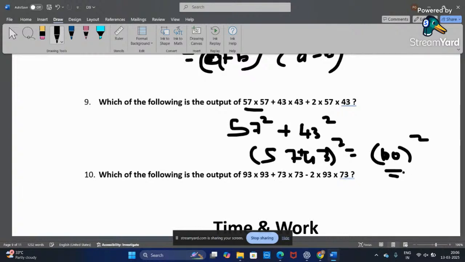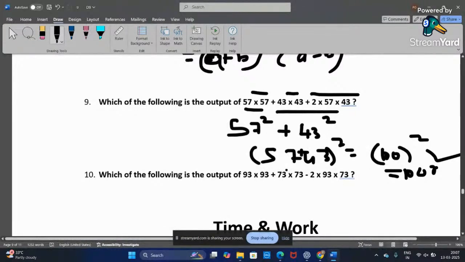So the answer will be 10000, right? This is how you need to solve. When you multiply each and every number, it takes a lot of time. So instead of that, you need to analyze for which formula this equation is suitable. For this, it is suitable for a square plus b square. Then we can take 2 outside as a common factor. Then it will look like a plus b the whole square, and substitute the values like 57 plus 43, it is 100. Then squared it is 10000. This is how you need to solve.